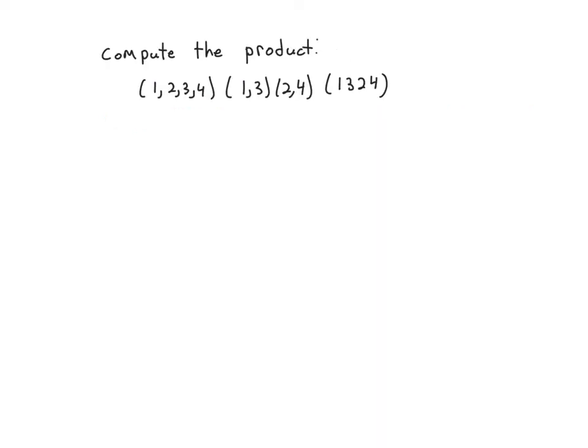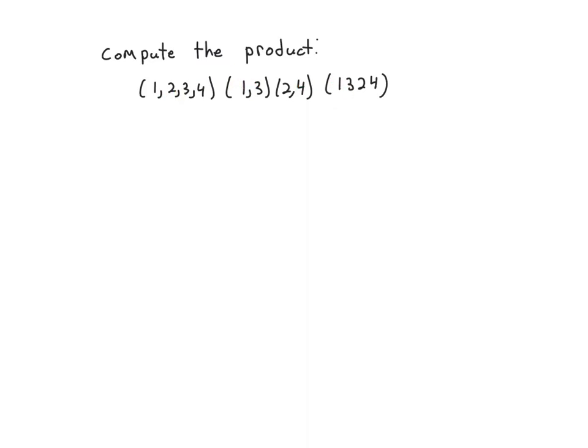Okay, so here's a problem. Let's compute the product. So what do I mean by that? That means these are each permutations. So technically we are multiplying them together, and we want to rewrite it into a cycle notation where the cycles are disjoint. We see that these two cycles have an element in common.